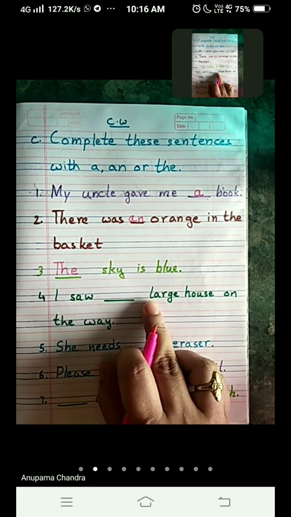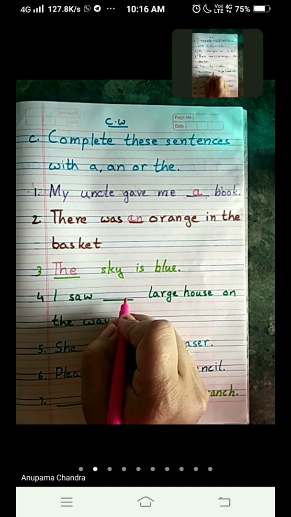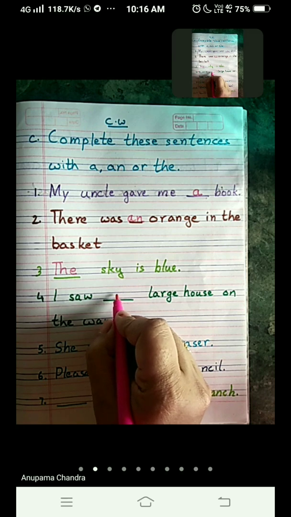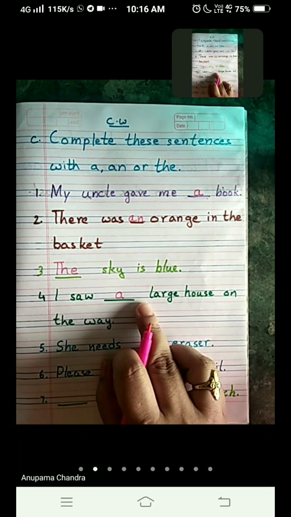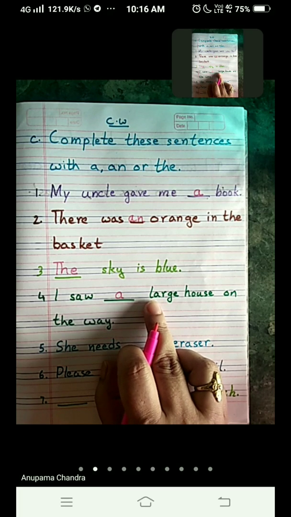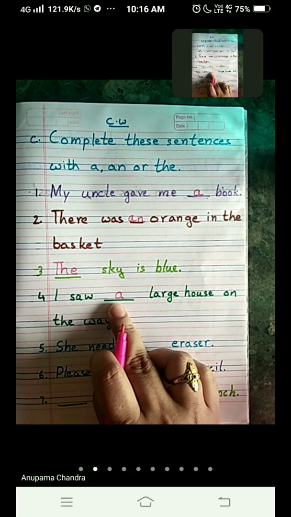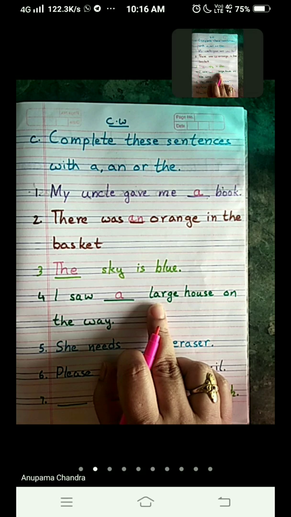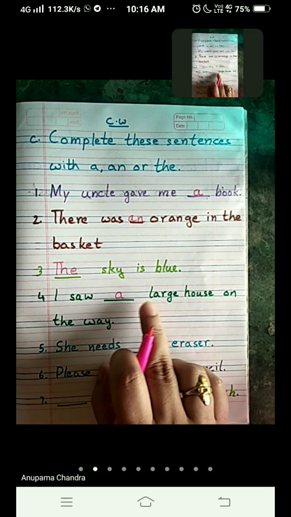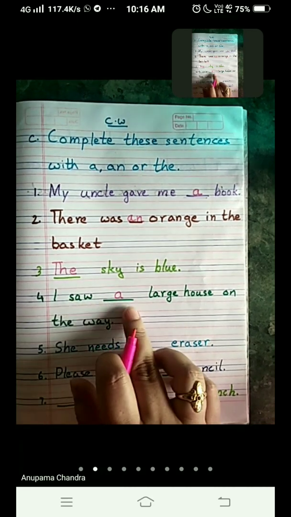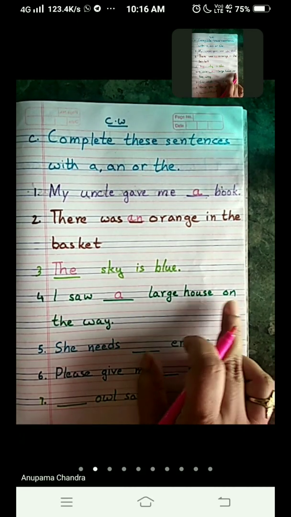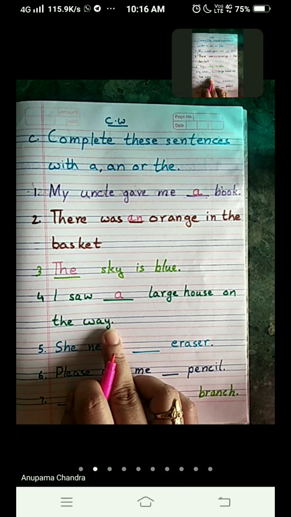So children, as we can see, L is a consonant. And what do we use before a consonant? We use a before a consonant. I repeat, L is a consonant and we have to write an article before L. And what do we write before a consonant? A. So we are going to write here a. I saw a large house on the way.